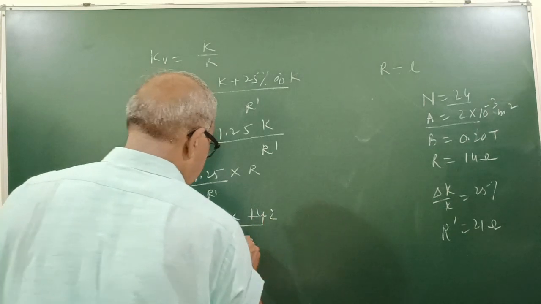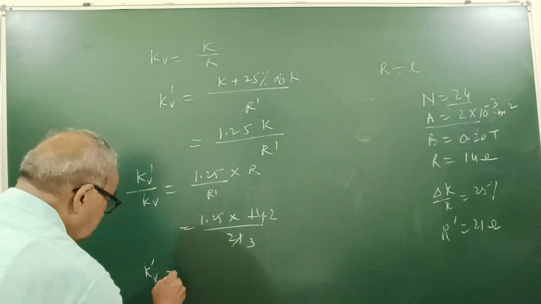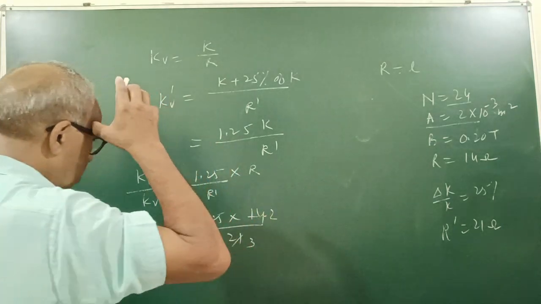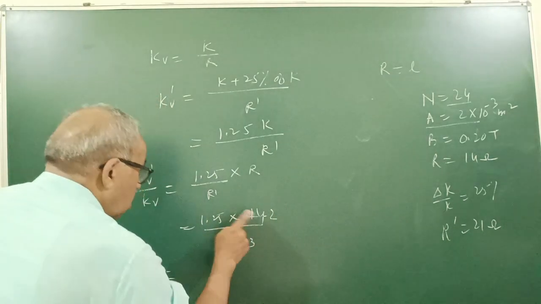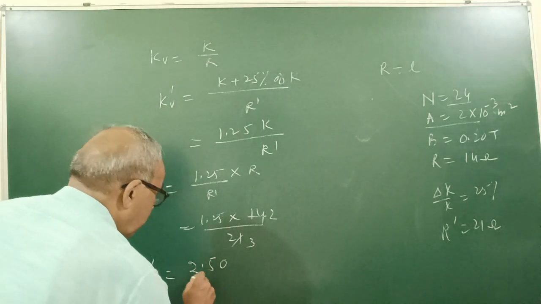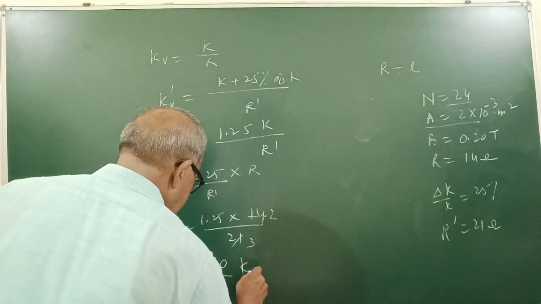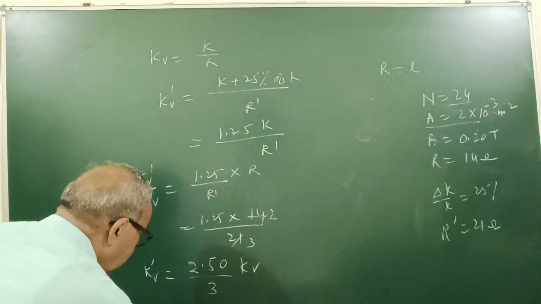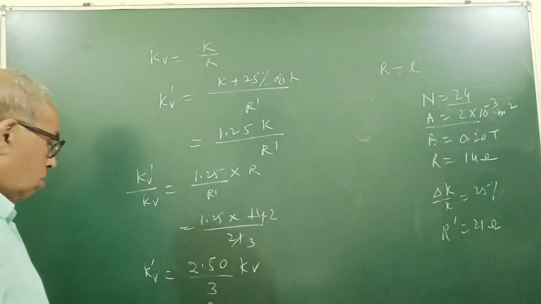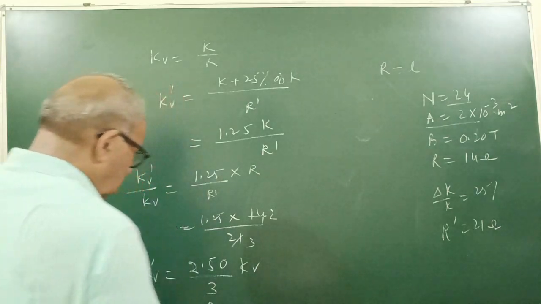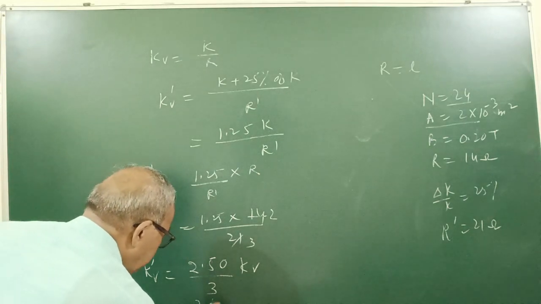7 twos, 7 threes. KV dash now is 2 by 3. 2 fives are 10, 5 and 2 upon 3 of KV. So how much does it remain? 0.8, or if you try it like this, 250 upon 300.